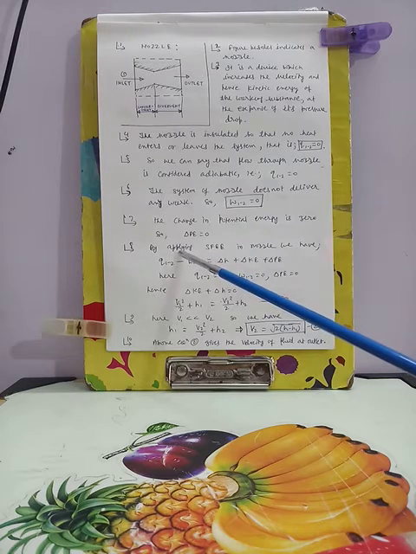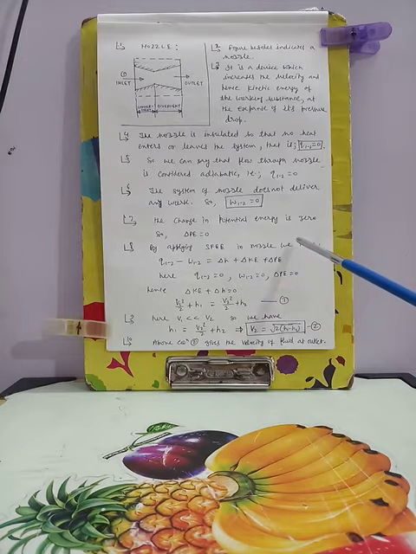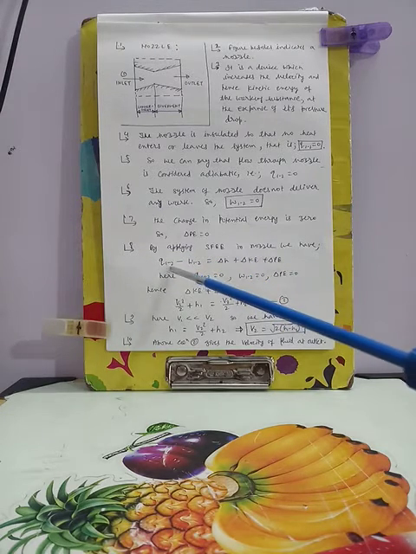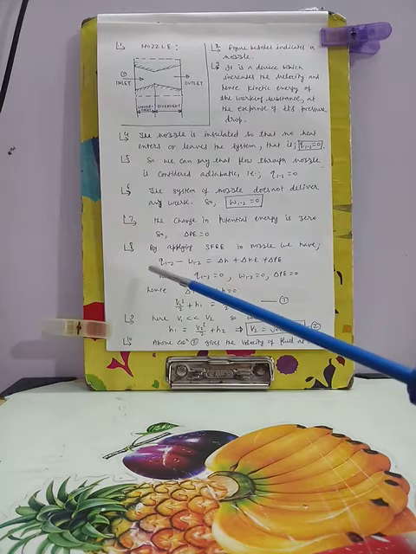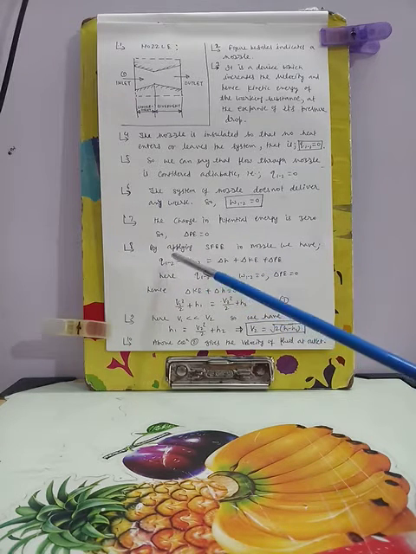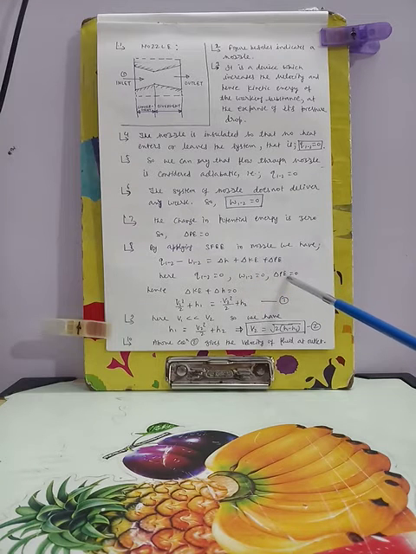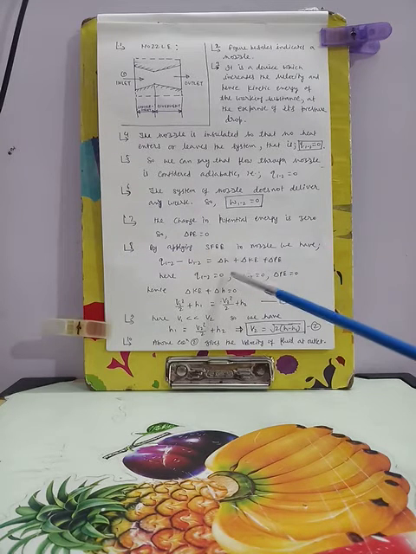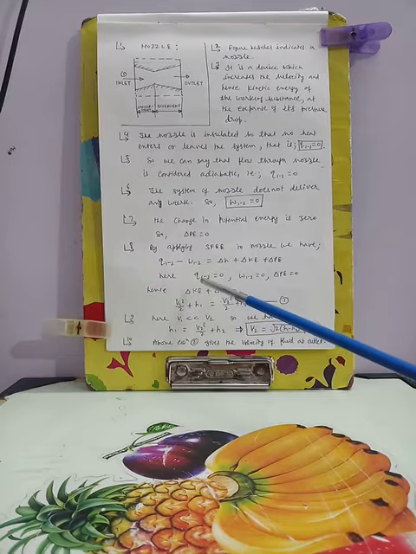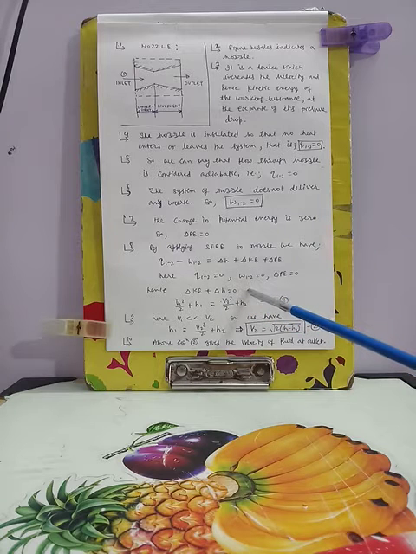So when we apply the steady flow energy equation to the nozzle, in standard format, work done is 0, heat supplied is 0 and change in potential energy is 0. But change in kinetic energy is there, and change in enthalpy is there. So finally, change in kinetic energy plus change in enthalpy is equal to 0.